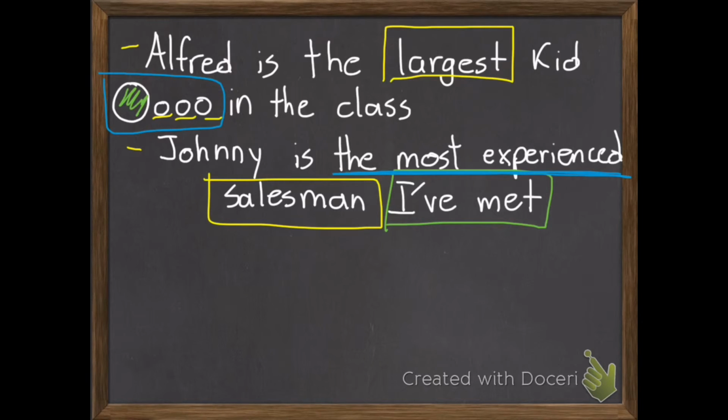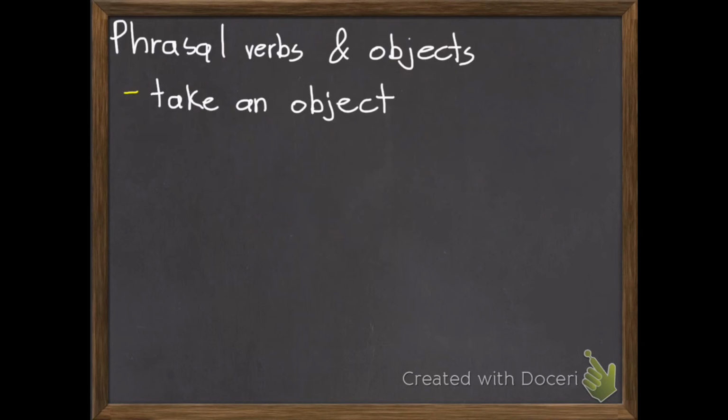So now let's look at the next section of the grammar in this unit. Phrasal verbs and objects. Phrasal verbs are compound verbs, meaning that they can have two words to describe an action.